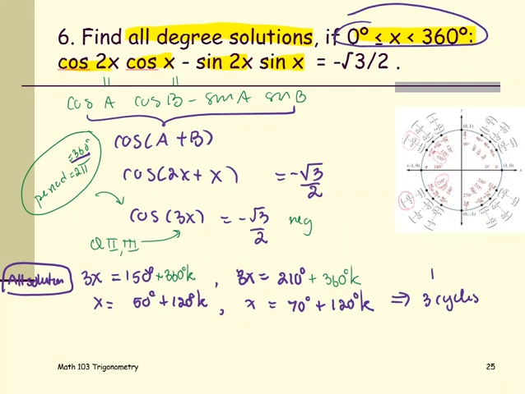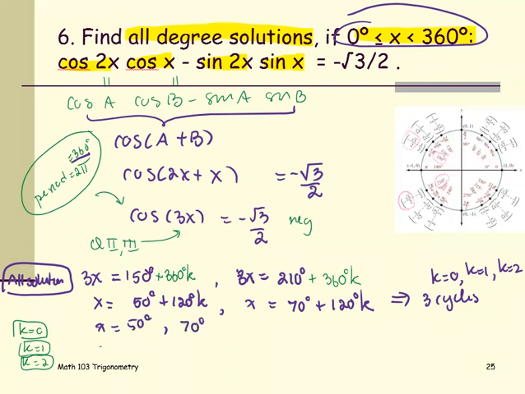So 3 cycles means we're going to use k equals 0 for the first cycle, k equals 1 for the second cycle, and k equals 2 for the third cycle. So make a note: k equals 0, k equals 1, and k equals 2 to obtain the 3 cycles of solutions. So the first round, x is going to be 50 degrees and 70 degrees.